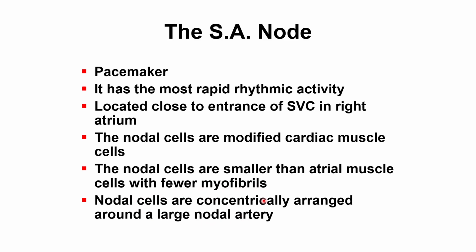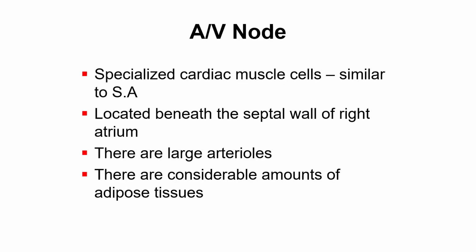And nodal cells are concentrically arranged around a large nodal artery. This is how we look at them in histology. We try to find a concentric arrangement of cells with an artery in between to recognize the place of the node, SA node or AV node even.